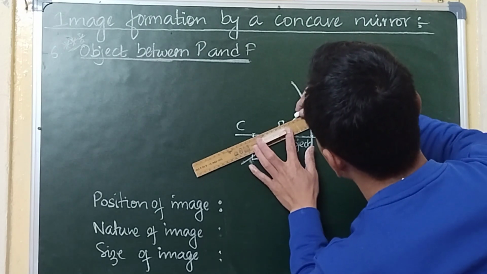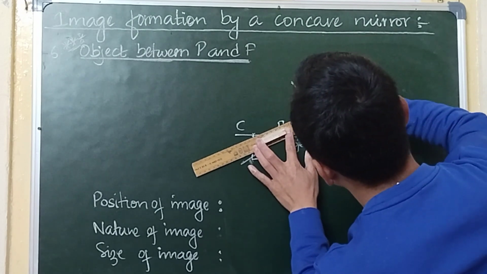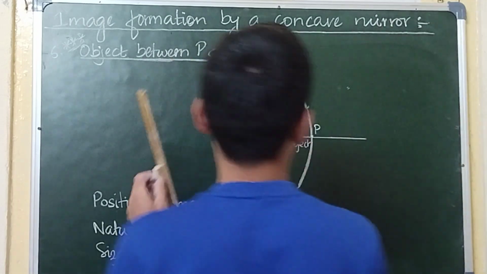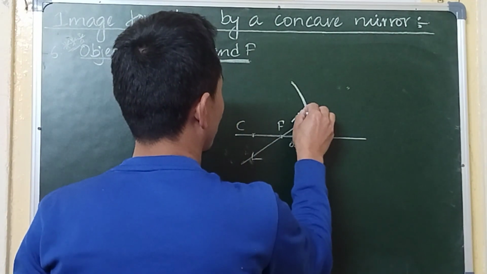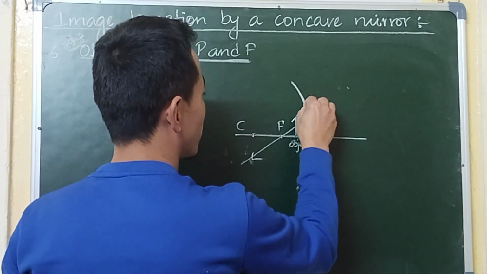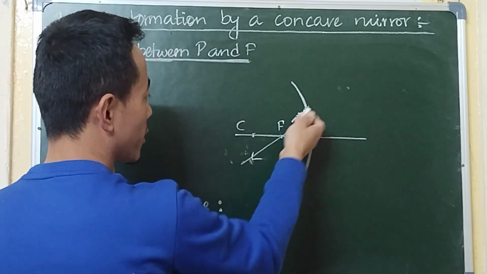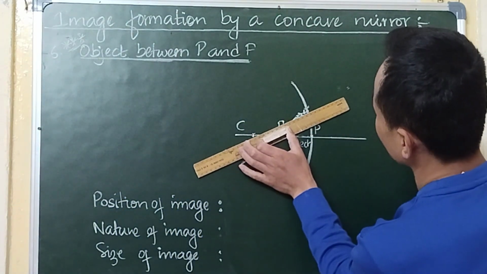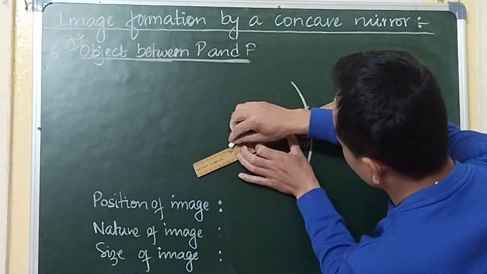So we have this incident ray going in this direction, right? Now after reflection it will retrace the path. So after it goes backwards, it passes through the center of curvature itself.